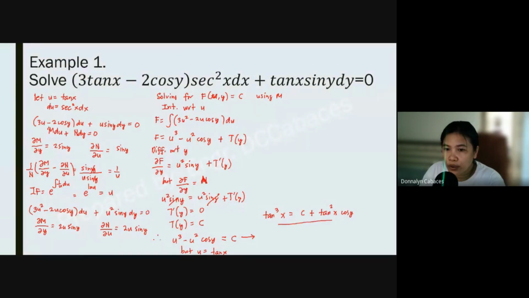And that is now the solution of that differential equation, in which obviously we used tangent x, introduced it as a new variable, and its derivative is secant squared x dx. Okay, so that is the first example for obvious substitution.